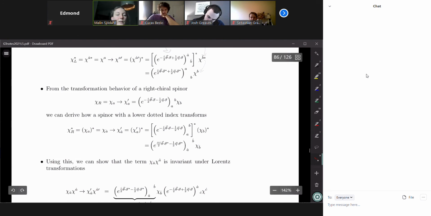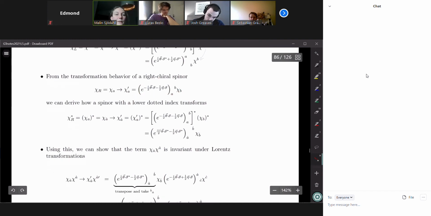And by identical steps, I can find how my lower dotted index transforms. So I have my lower undotted index here. I know how it transforms. It was the right chiral field.